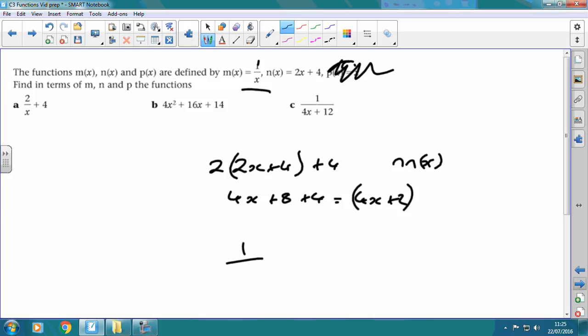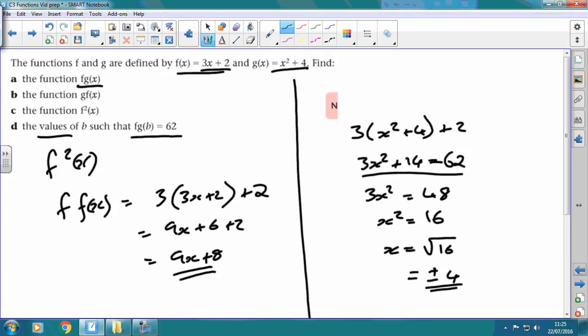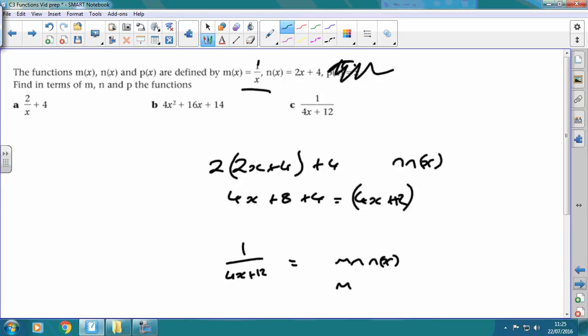So it's going to be 1 over 4x plus 12. That was our n of x into our m. So it's going to be m and n of x, or as we saw in the previous example, where we can write ff as f squared, it's going to be m n squared of x. Lovely.